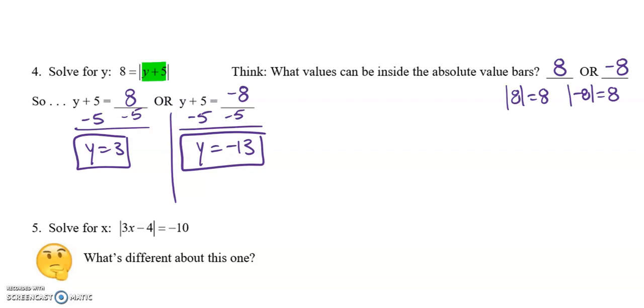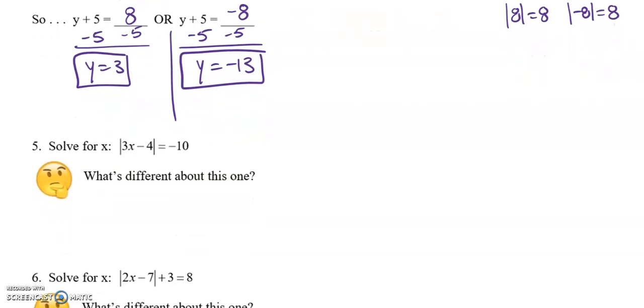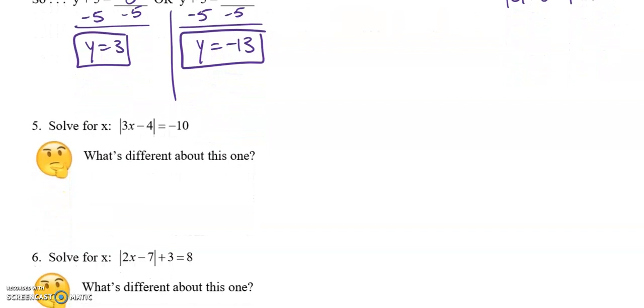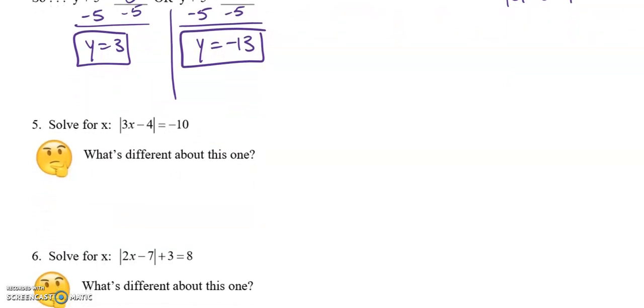So what about the next one? We've got the absolute value of 3x minus 4 equals negative 10. What's different about this one? Think about it for a second. Here we have the absolute value of 3x minus 4 equaling a negative 10. When will the absolute value of something equal a negative?